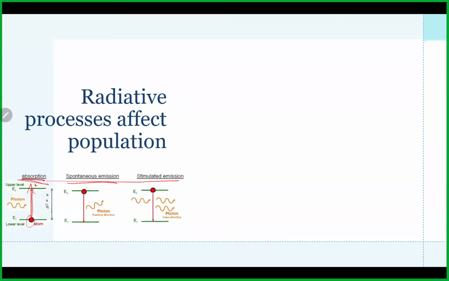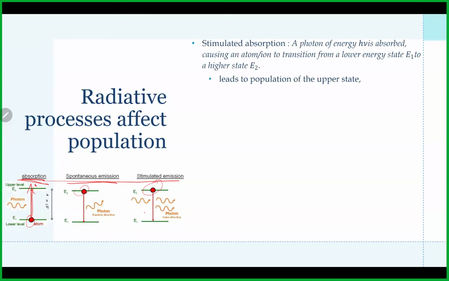Spontaneous emission, the molecule is in an excited state and it just emits light without external factor. And in the stimulated emission, the molecule is also in an excited state, but it goes to a lower state with the help of an external radiation.